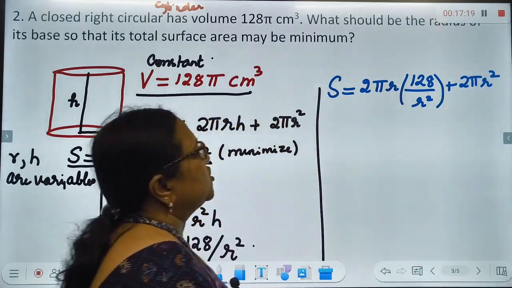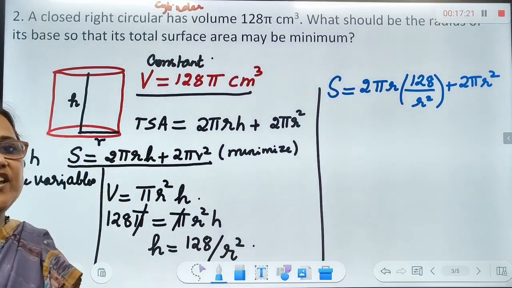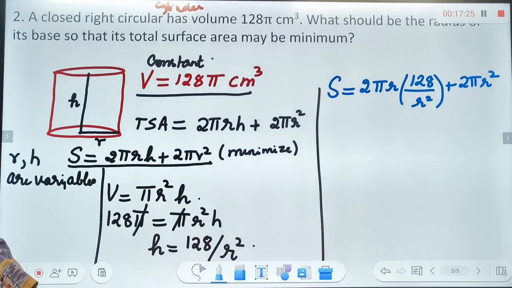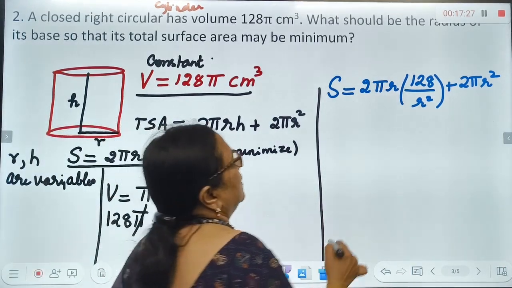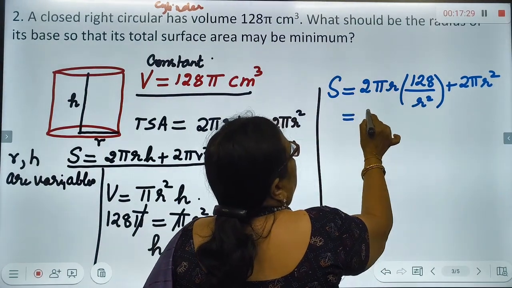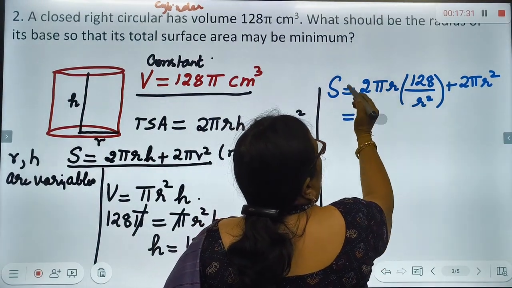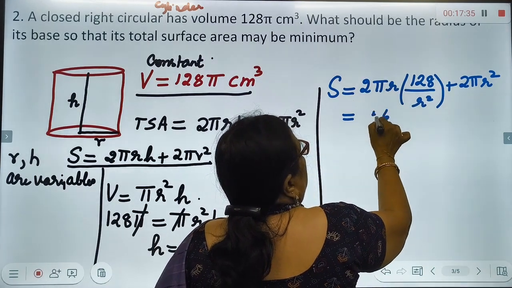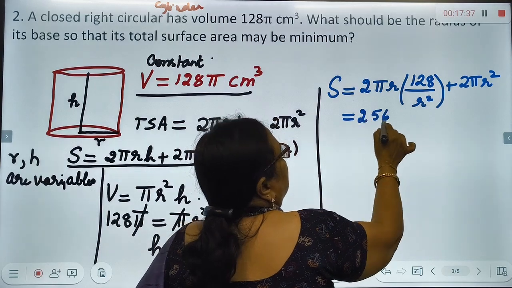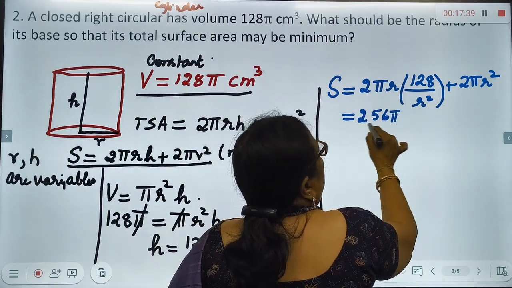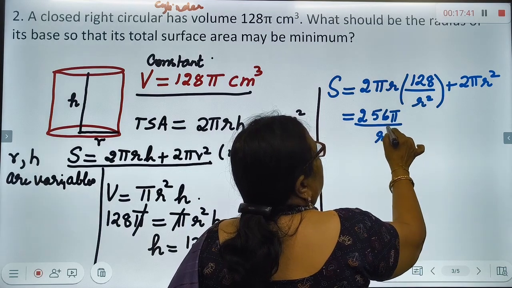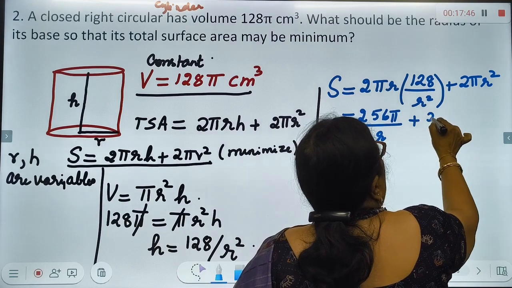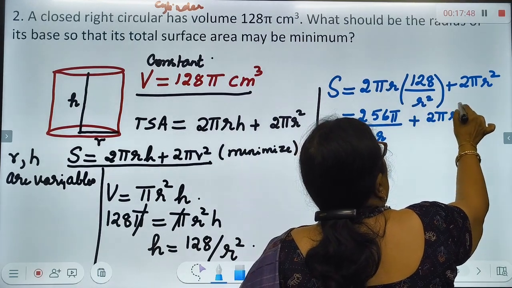So now it has been expressed as a function of a single variable, namely the radius of the cylinder. Okay, this is for the 2 into 128, 256 pi by r square times r, so one r will get cancelled, giving you r in the denominator, plus 2 pi r square.